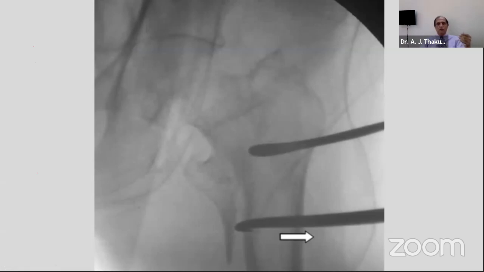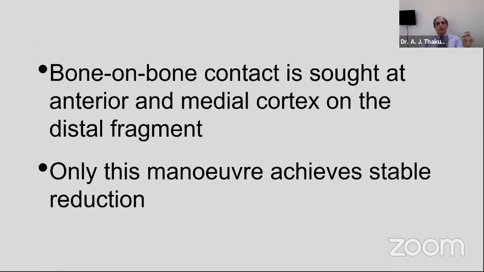In the AP picture, you will see something like this. Bone-to-bone contact is found in the anterior and medial cortex of the distal fragment on the shaft. Only this maneuver will achieve the stable reduction. So you have done this manually, pulled it out, put a spike, and then got the reduction.